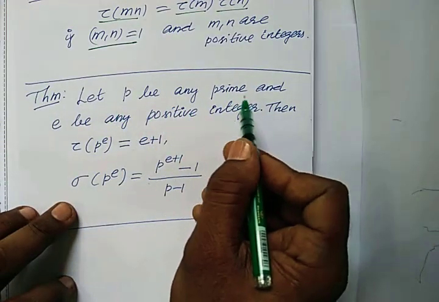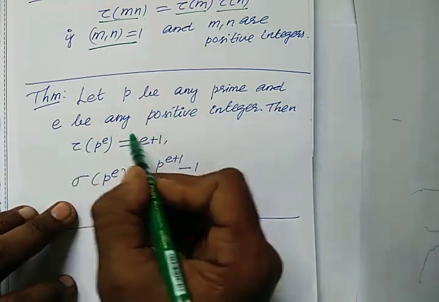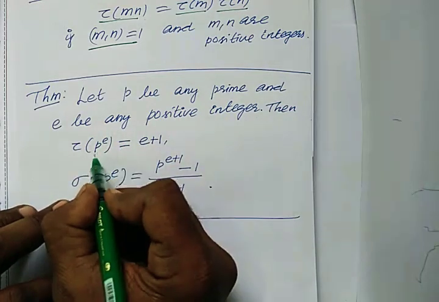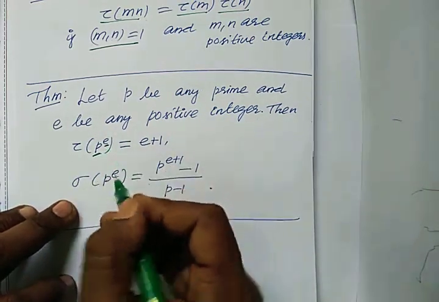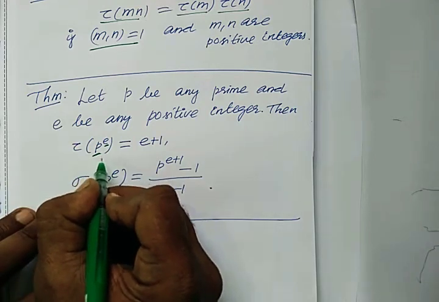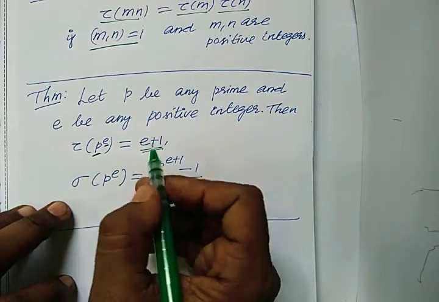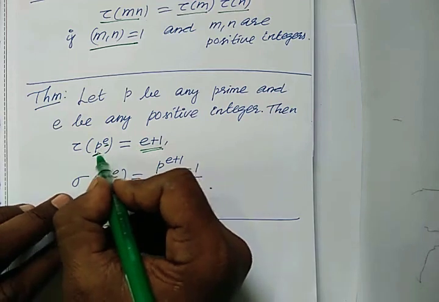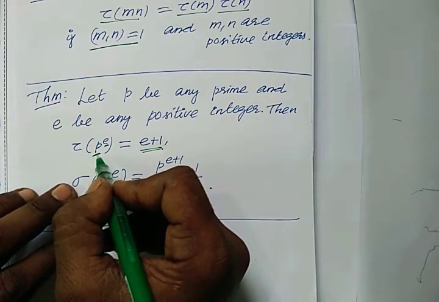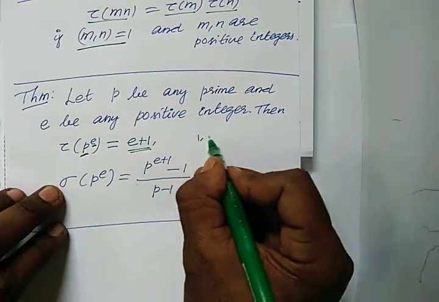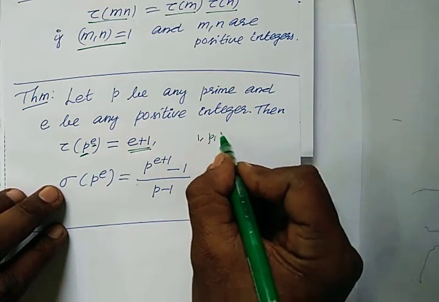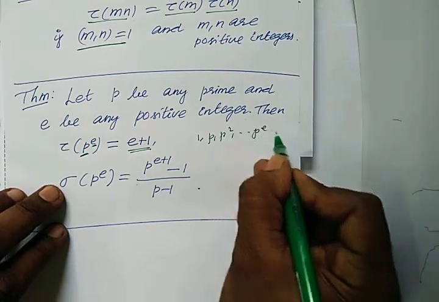Let p be any prime and e be any positive integer. Then tau of p power e is equal to e plus 1. For p power e, the factors are 1, p, p square, p cube, etc., p power e.